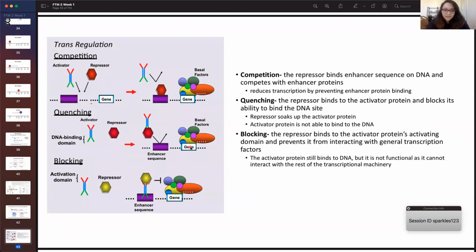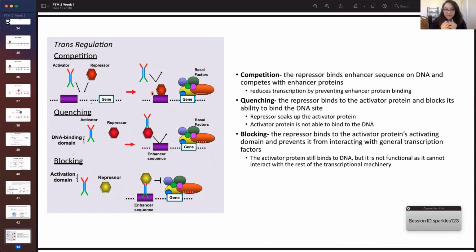So for trans regulation, these three terms you should be very familiar with. I believe we were asked a couple of them on the exam. So competition is when you have the repressor binding to the enhancer, and it competes with the activator for that same binding site.